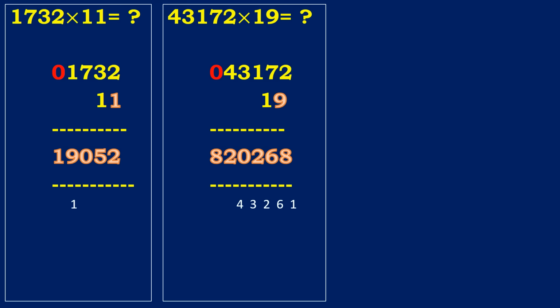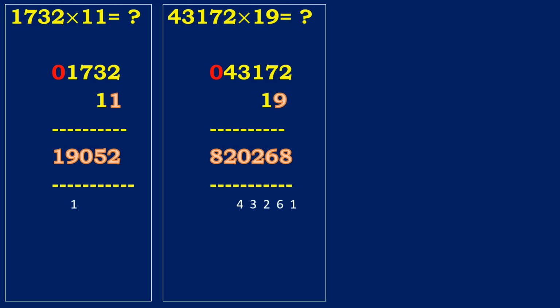We can take 6 in the answer directly and 6 in carry. Similarly, we perform calculations. The answer for 4, 3, 1, 7, 2 multiplied with 19 is 820,268.